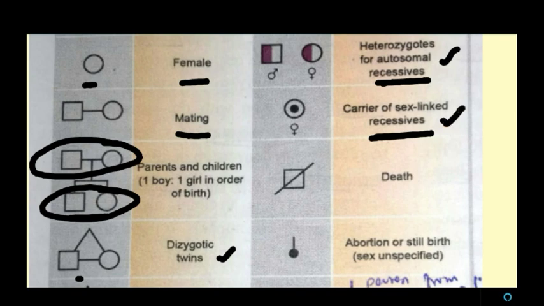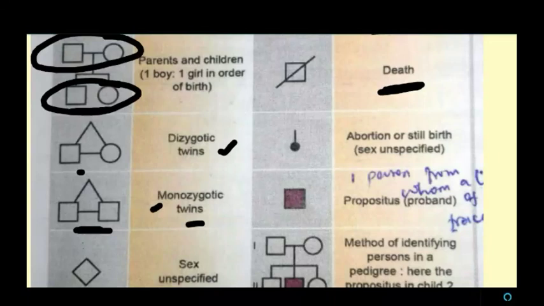Usually the carriers of sex-linked recessives are female, so it is given a circle with a dot inside. If a square with a cut is given, that particular person is dead. Then if the symbol is like this, it may be abortion or stillbirth. That means we cannot say what is the sex of that fetus.